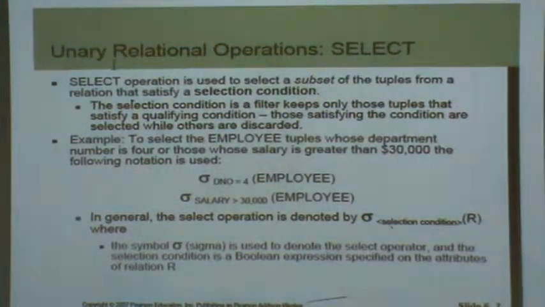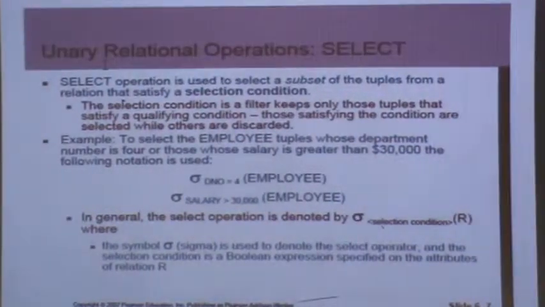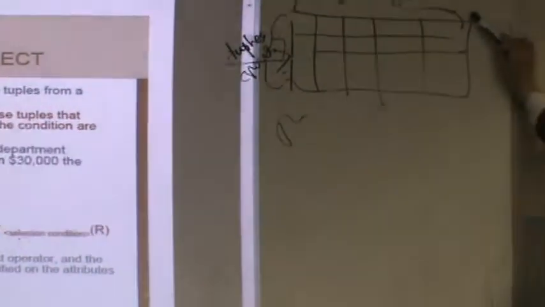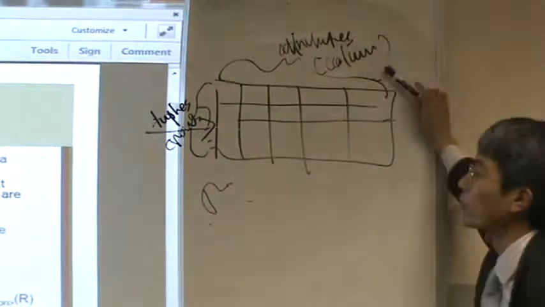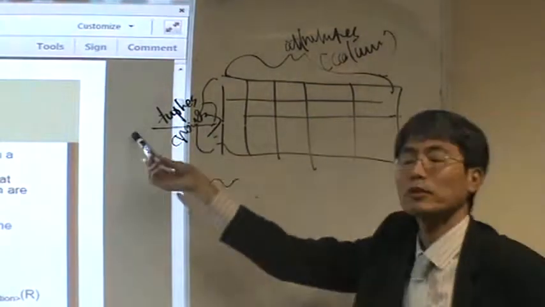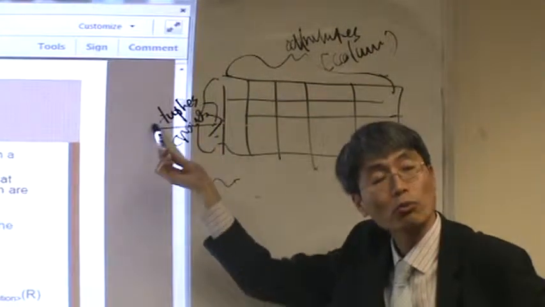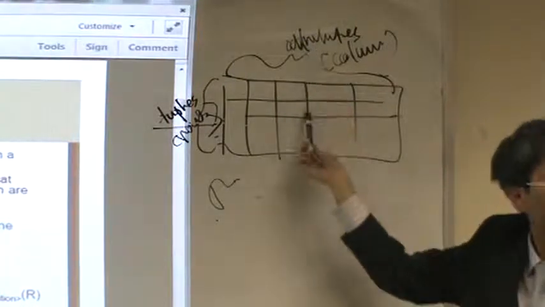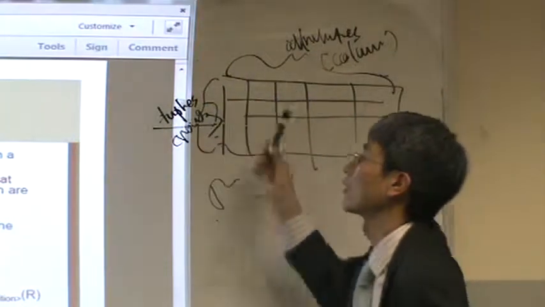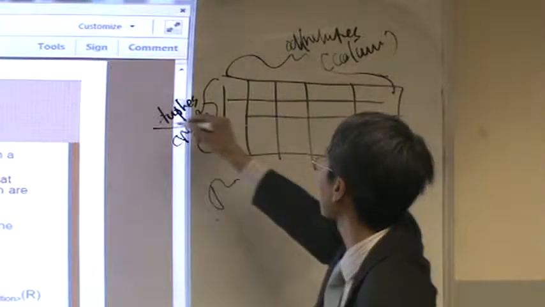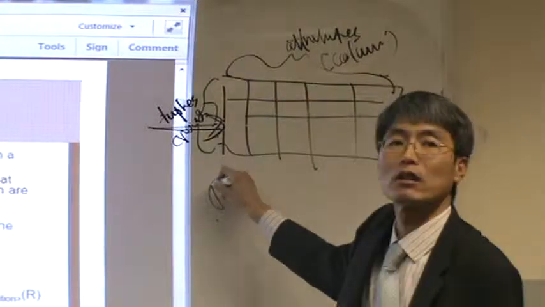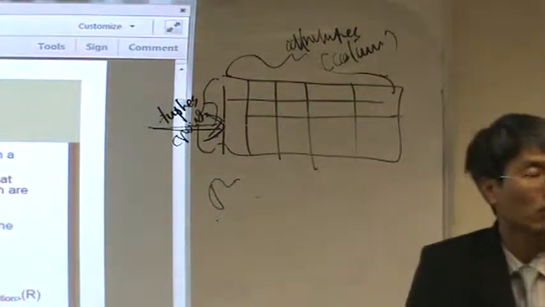So let's go back to the basics. This is our table, our relation, which consists of a number of tuples and a number of attributes. So we can access the data this way. Also, we can access the data in this way because that's the definition of a relation. First, we can access the data using sigma, a Greek letter.